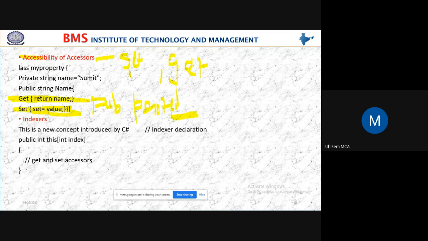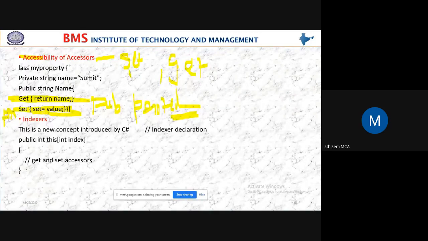Yes, students, understanding the accessors are nothing but get and set method. When we don't specify any access modifier to this get and set method, then by default it will be public. You can also declare it as private.